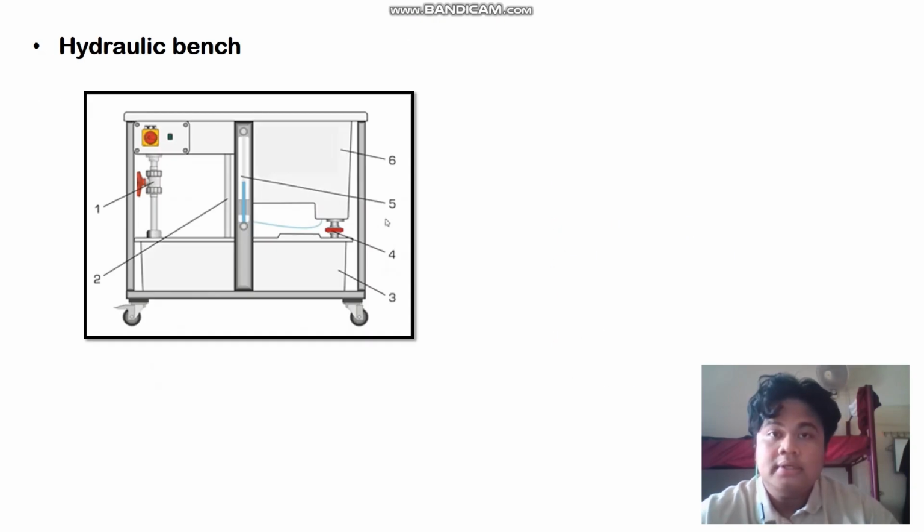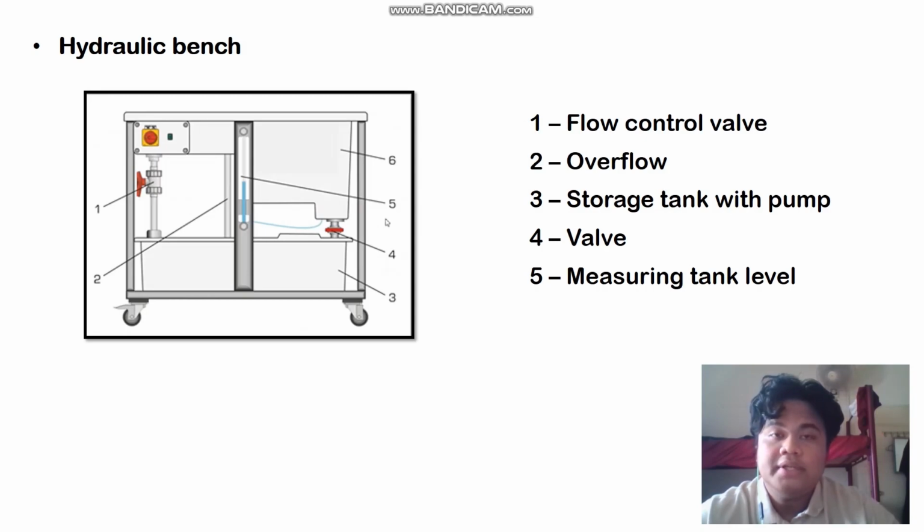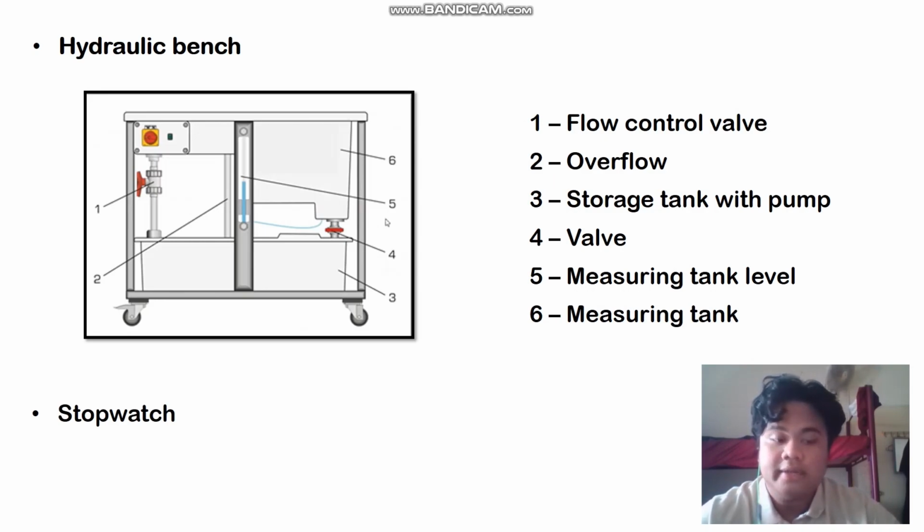The next apparatus is the hydraulic bench, which consists of the flow control valve, the overflow, the storage tank with pump, the valve, the measuring tank level, and the measuring tank. And the last apparatus is the stopwatch, which is to measure the time.